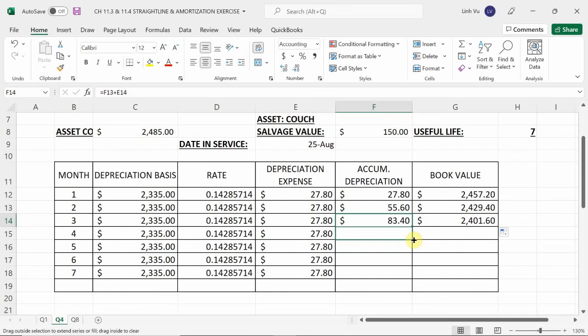There you go. You add those two numbers together. 83.40 plus 27.80 is 111.20. I thought we add all of them together, like the three of them. No, you don't.